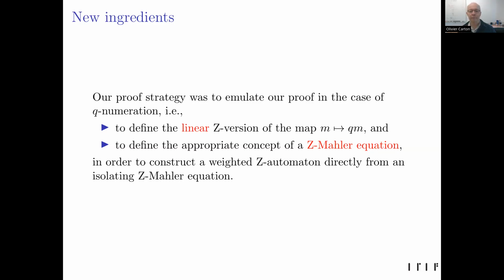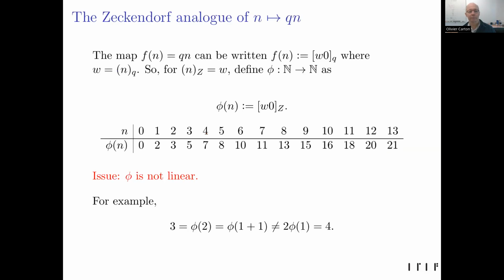And the idea is as follows. If you're in base q, multiplying by q is just adding a 0 in the q expansion. And the idea was to mimic this.